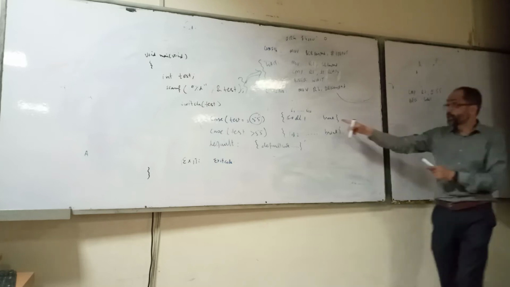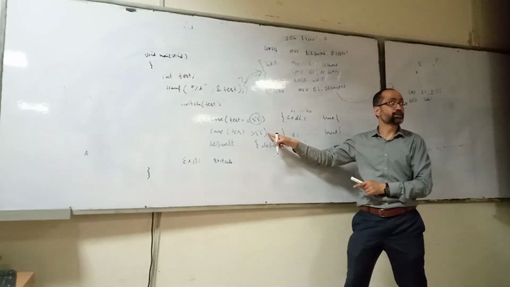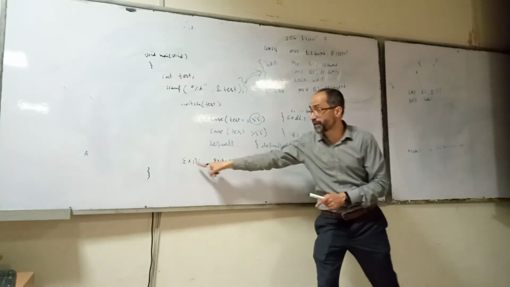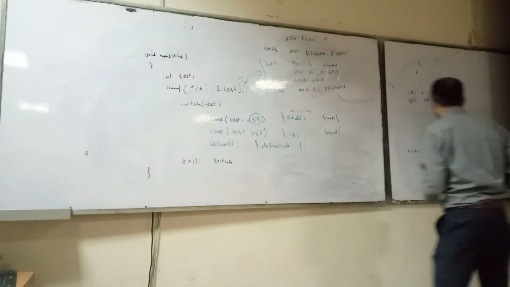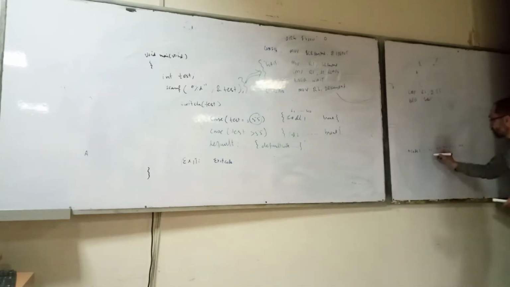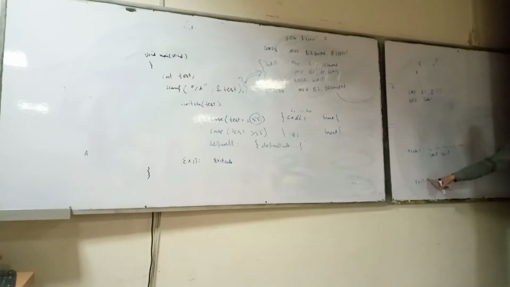When it's done, then break. When it's break, it will not check this one. It should jump directly to the exit. So there should be one instruction: jump exit. Is it conditional or unconditional? Unconditional. So we define one label, exit.